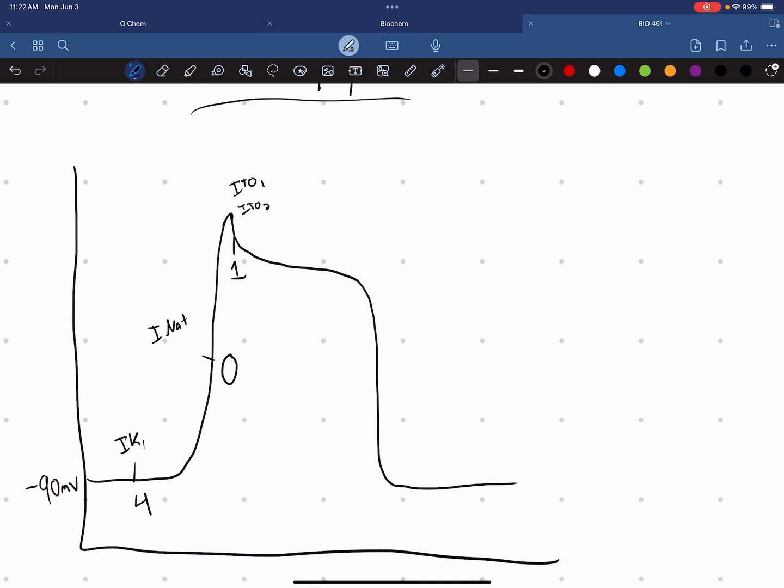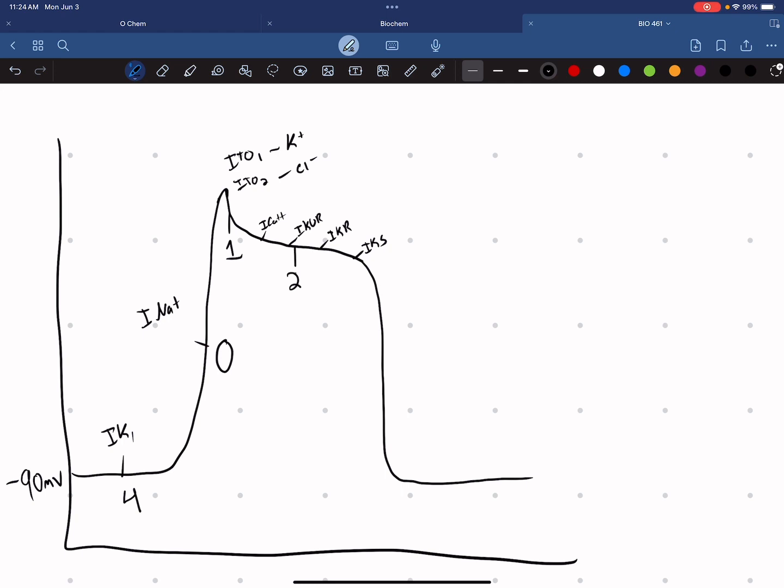And so this first one is a potassium channel, which is the transient outward channel, and this ITO2 is the chloride channel. And so this rapid repolarization happens because the sodium channels will turn off and the chloride will come into the cell, causing a rapid repolarization here in phase number 1.